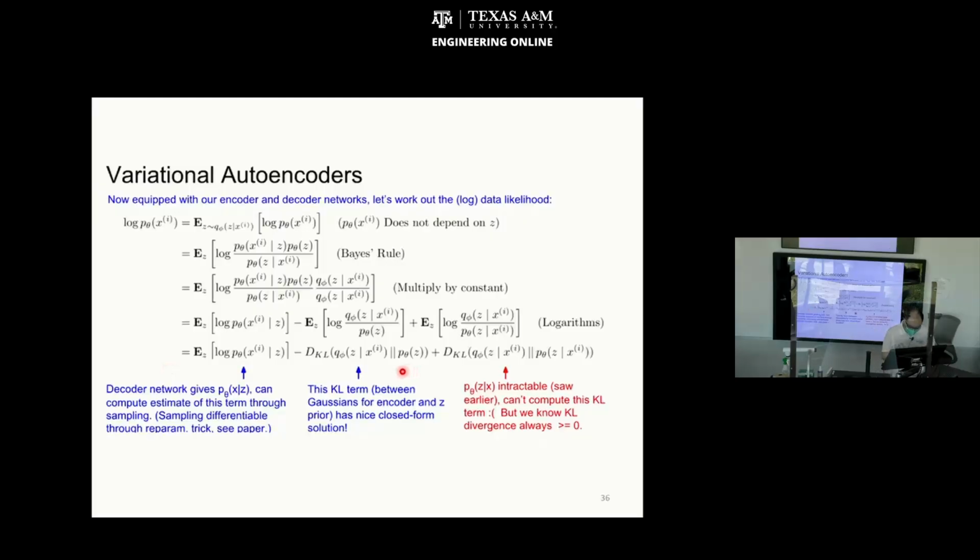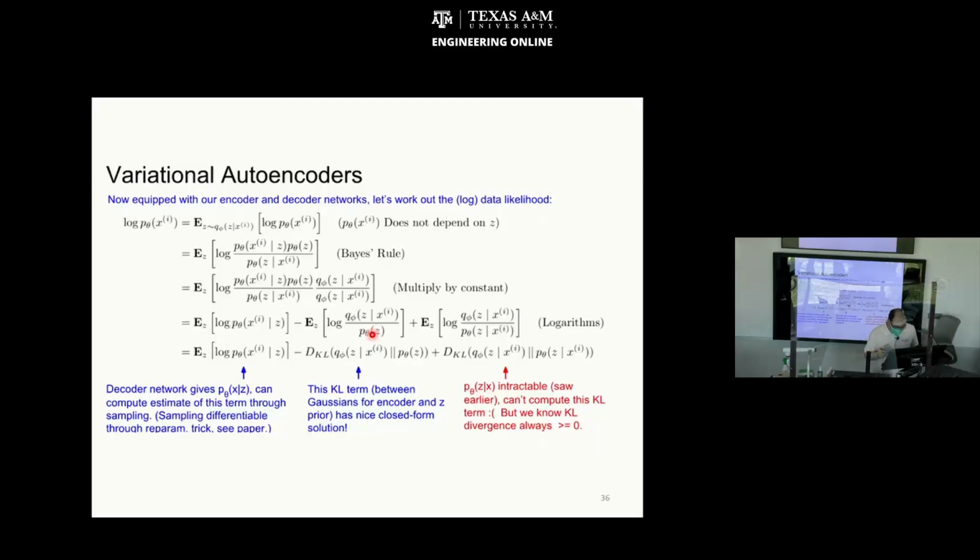The second one is the KL divergence between q and p of z. What is q? q is x to z, so that is an encoder network. And p of z? p of z is just Gaussian, remember? So it's actually very easy, and there's a closed form solution to get the KL divergence between the Gaussian and this encoder modeled distribution, okay?